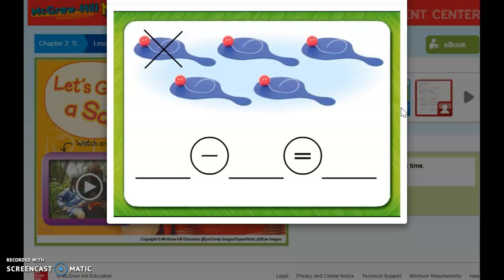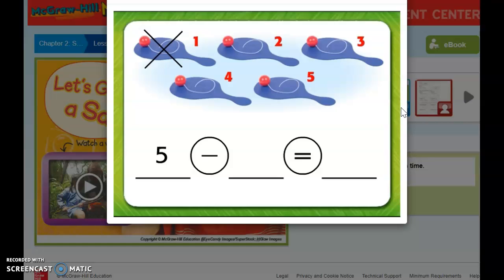We'll start with this picture. What goes in the first part of the subtraction sentence? The first number in the subtraction sentence is the total number. There are 1, 2, 3, 4, 5 in all. So, we'll write 5 in the first one.